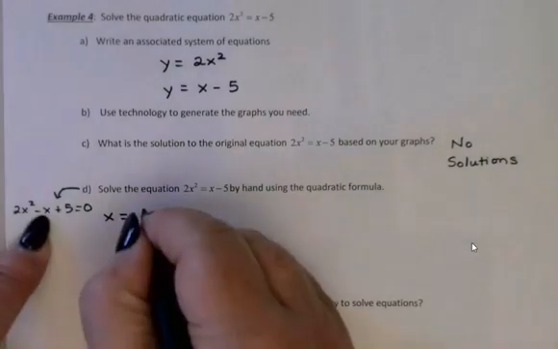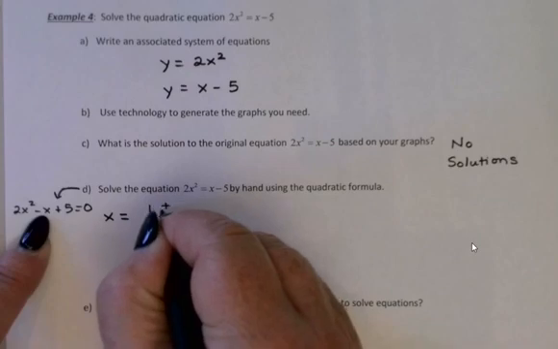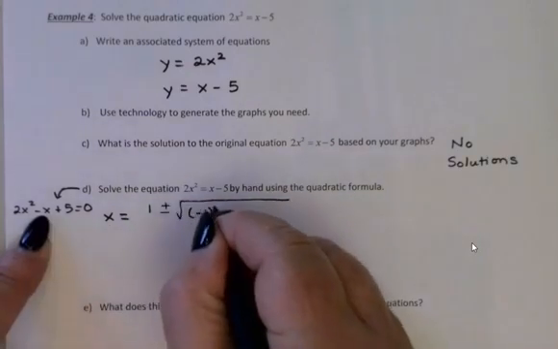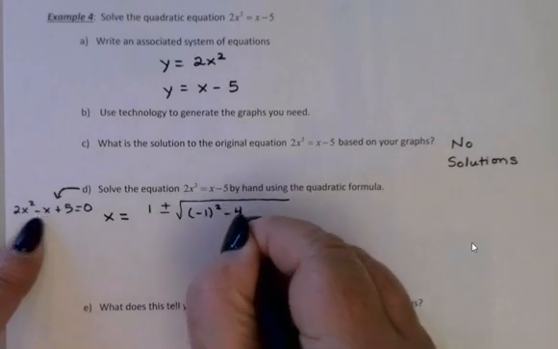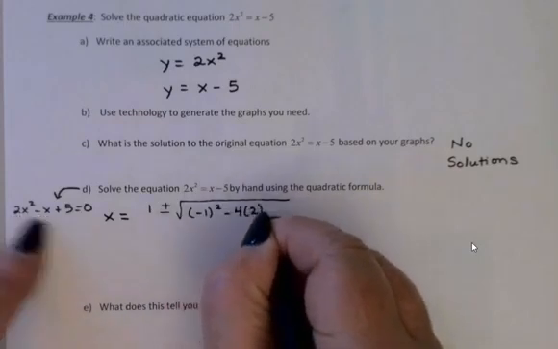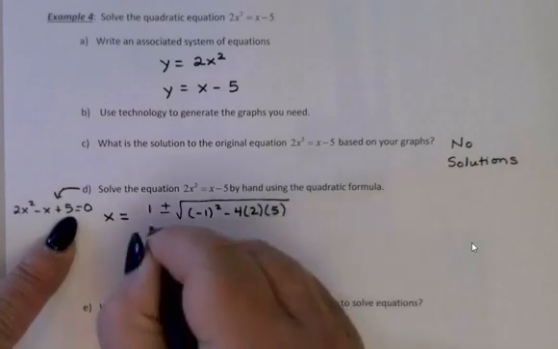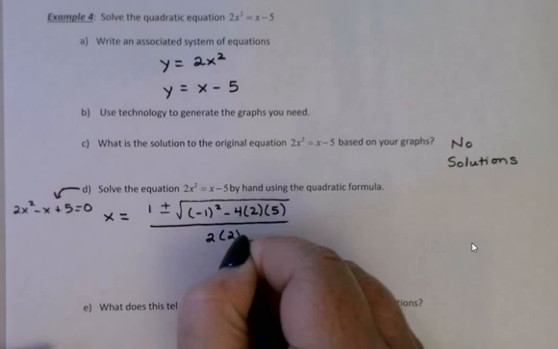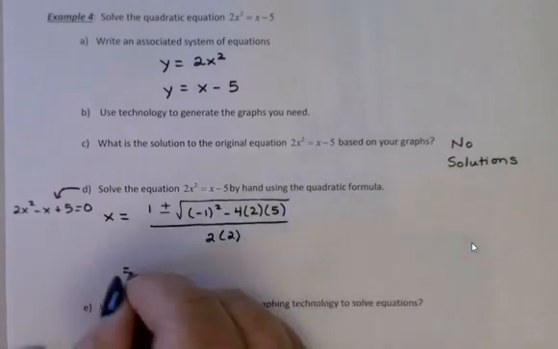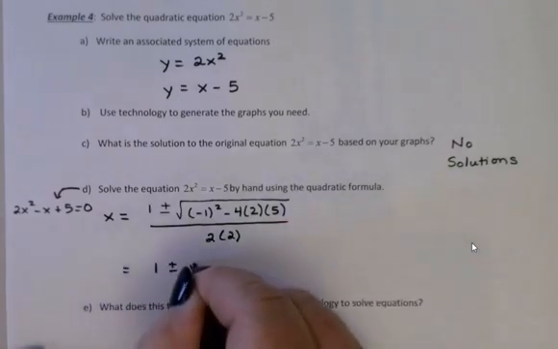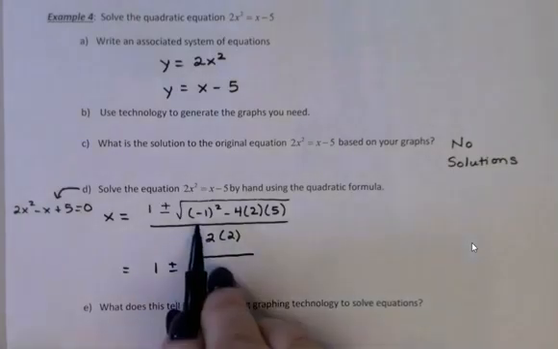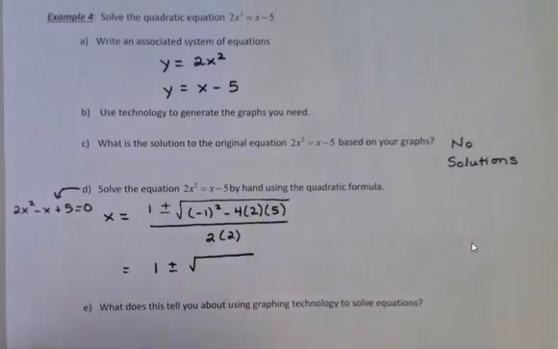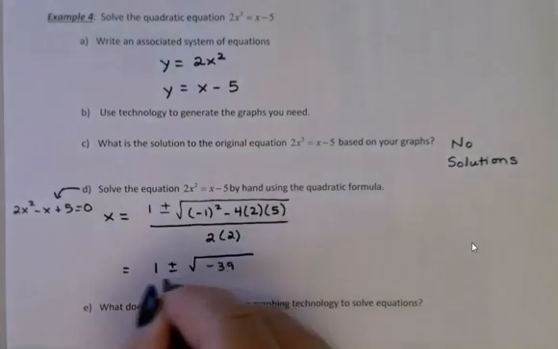And so minus b would be a positive 1, plus or minus the square root of negative 1 squared minus 4 times 2 times 5, over 2 times 2. Under my radical, that's 1 minus 40, or negative 39.